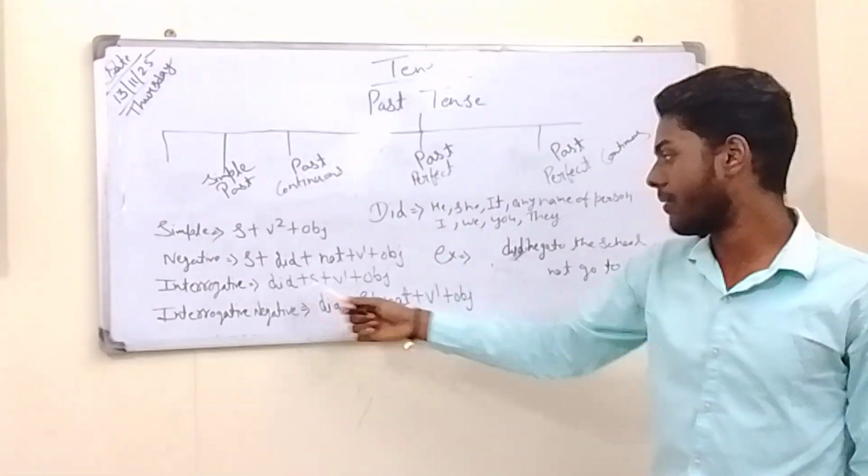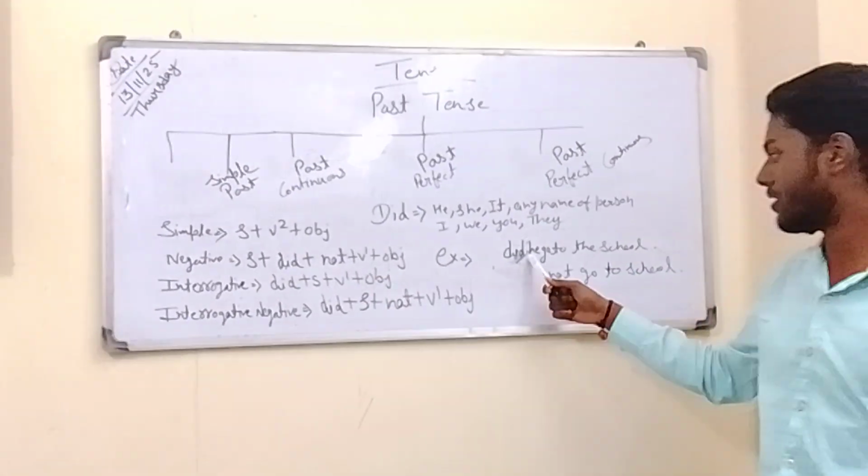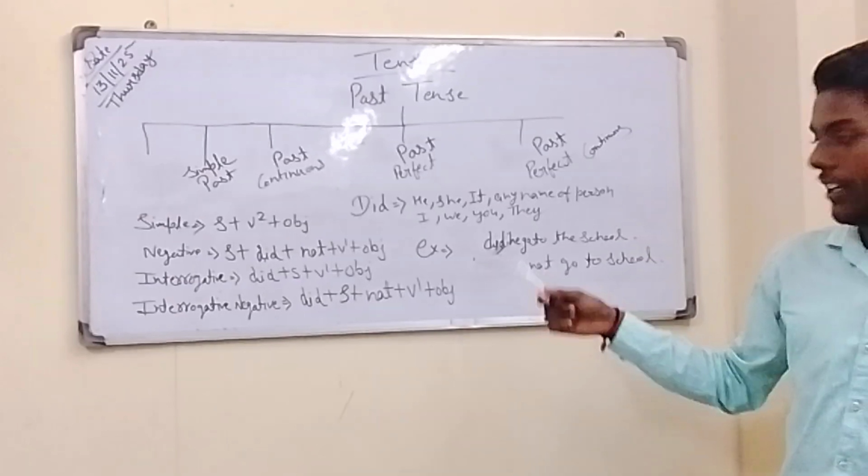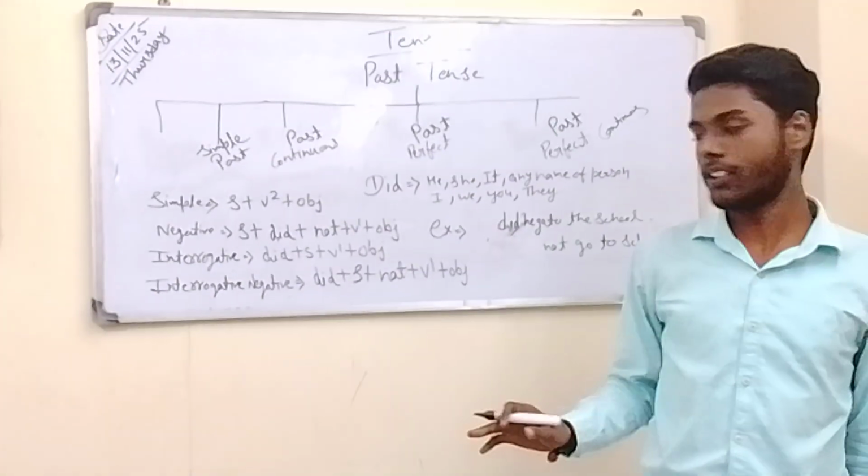In the first place did will come, then the subject he, then verb first form go, then our object. So: Did he go to the school?